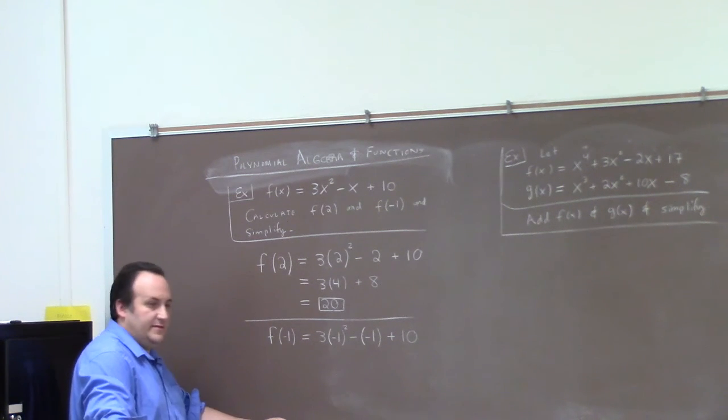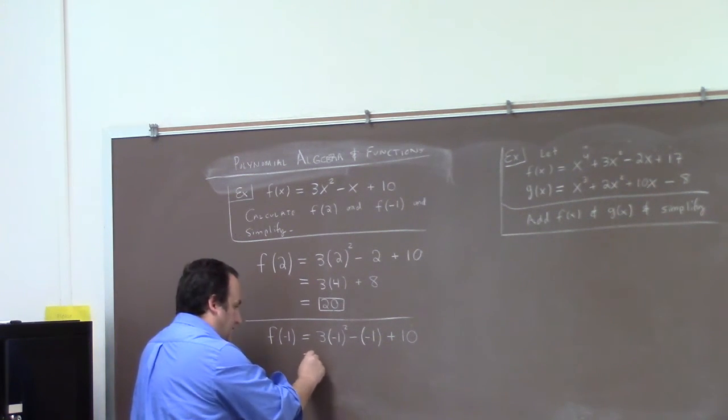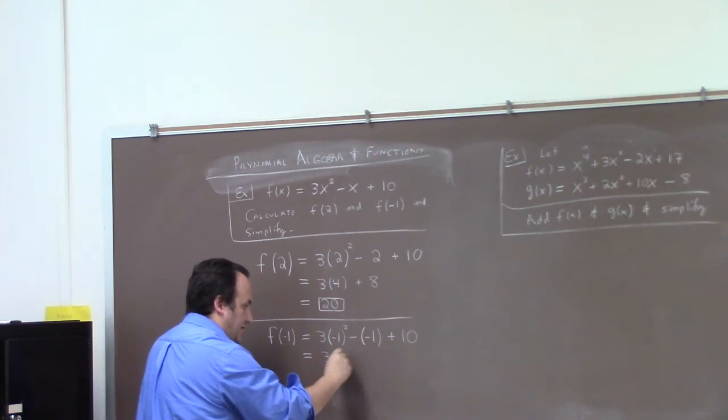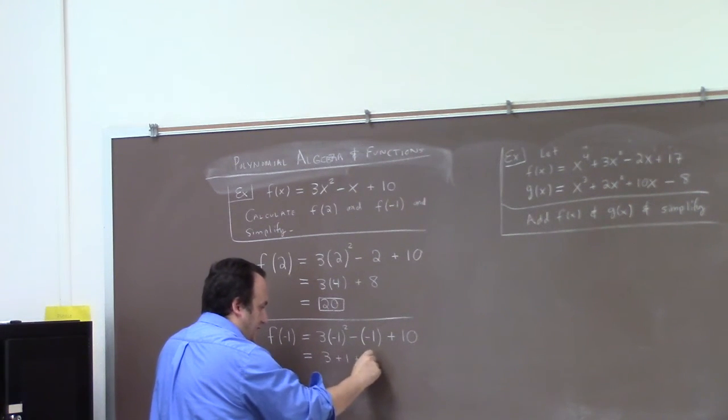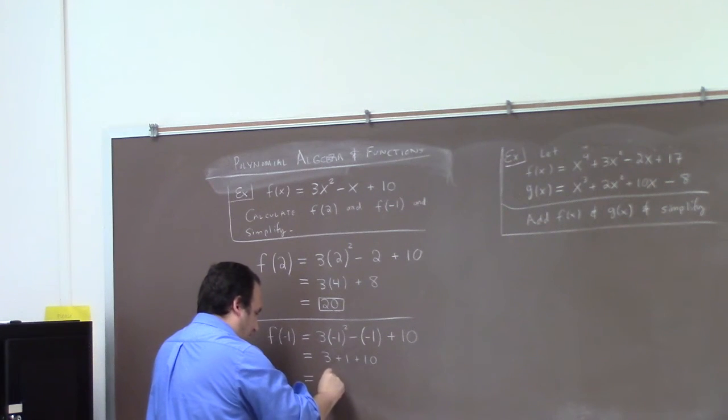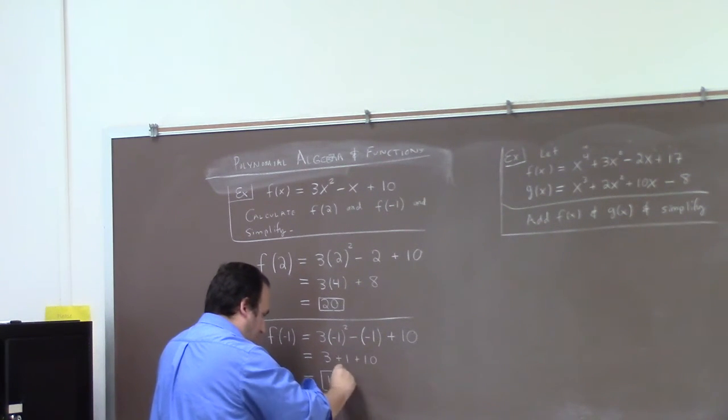Minus 1 squared is 1, right? So this is 3, plus 1, plus 10. I heard 14. I think we have a winner. There you go.